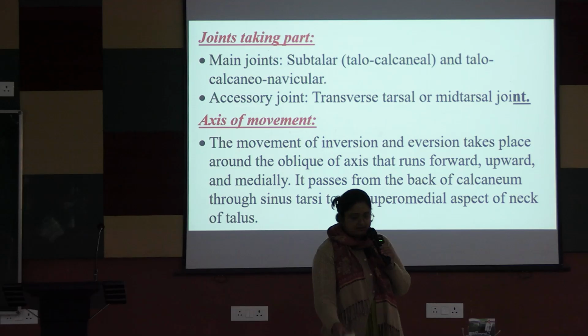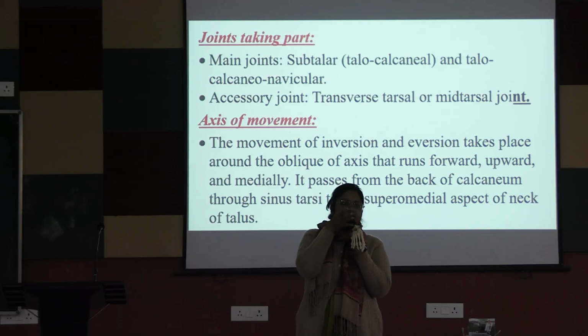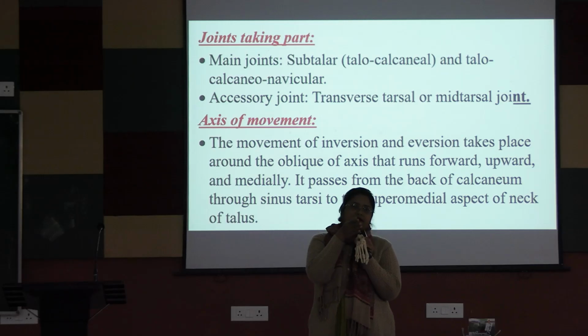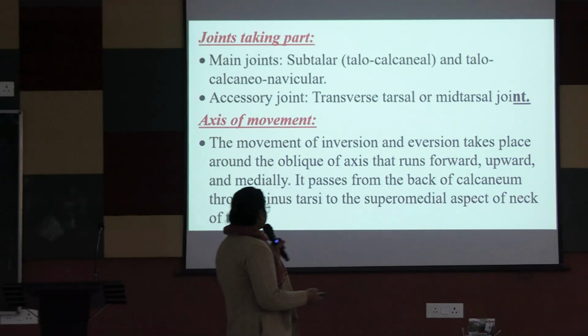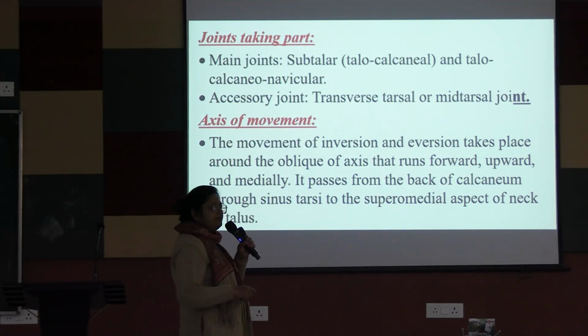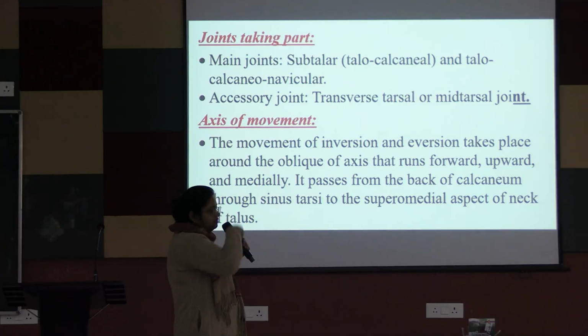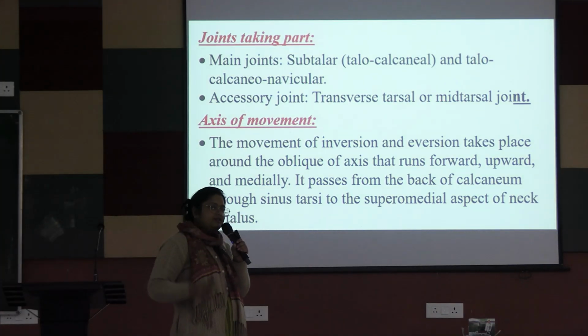You can see here, this will be the axis of inversion and eversion from calcaneum to the neck of the talus. So the axis is passing upward and medially and backward. So forward, upward and medially, from calcaneum to the neck of the talus we are seeing.